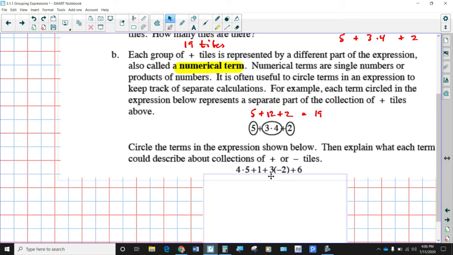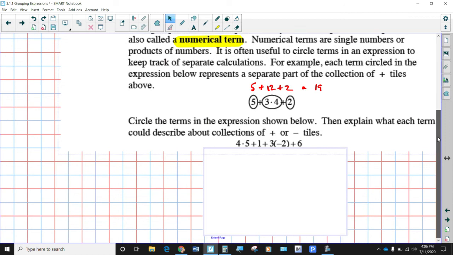All right, so now we've got this expression. Please copy down this expression: 4 times 5 plus 1 plus 3 times -2 plus 6. Your job is to circle the terms. Remember, the terms are the parts that are being added together. So I'm going to highlight the plus signs in here.